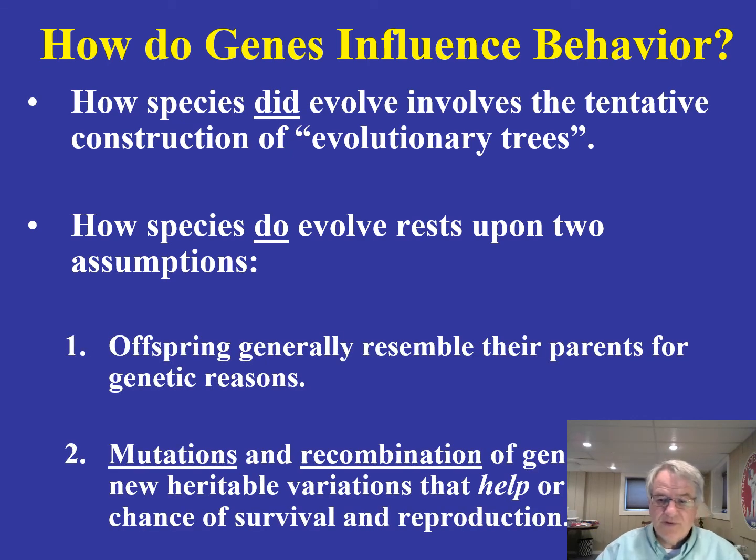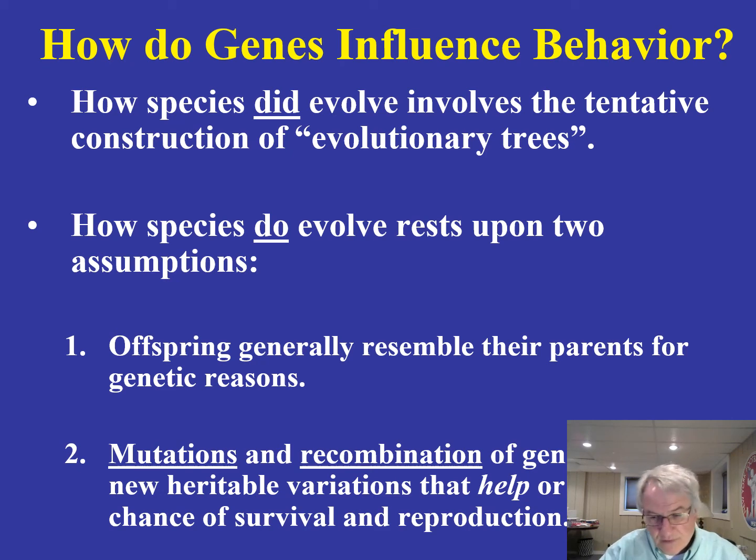One, of course, is that offspring resemble their parents, and they do so for genetic reasons. We talked about recombination. That's the primary way of the passing on of genes and the creation of different genetic backgrounds through that shuffling process, that recombination process that occurs during meiosis. And of course, mutations that can occur.